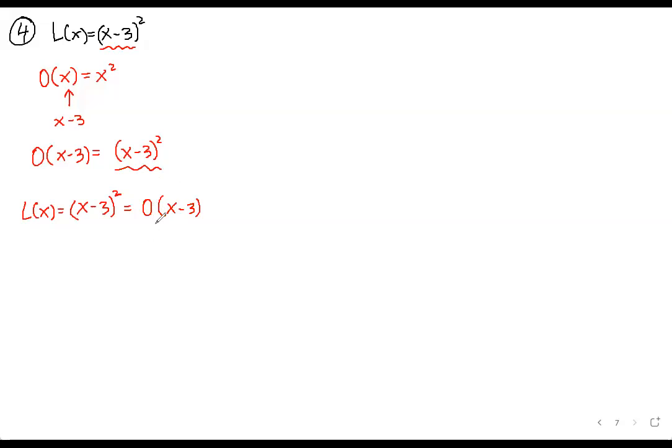Now, which property do I have to use for O of x minus 3? Look, first of all, the number is inside, and the number inside is negative. Which property from this fourth do I have to use?